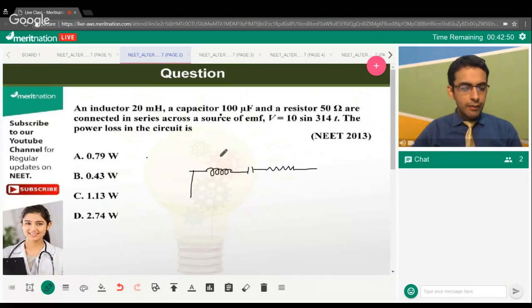So here we have 20 millihenry, 100 microfarad capacitance and 50 ohms of resistance in the given circuit.